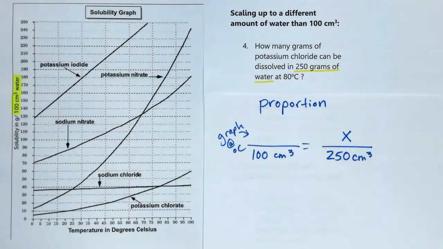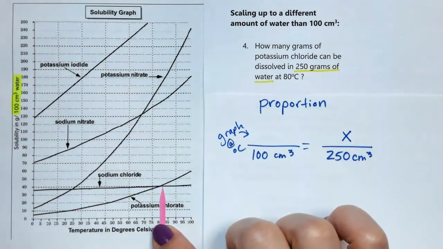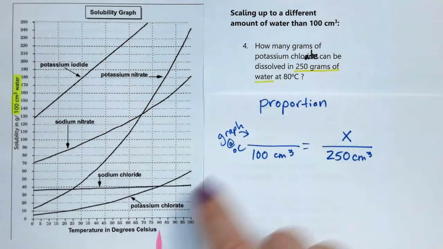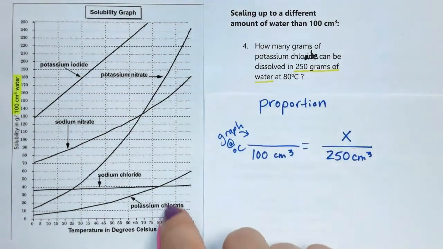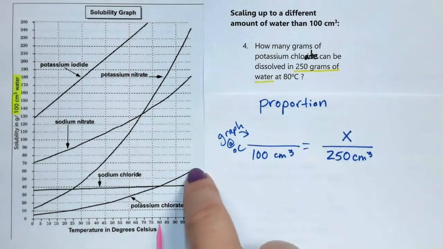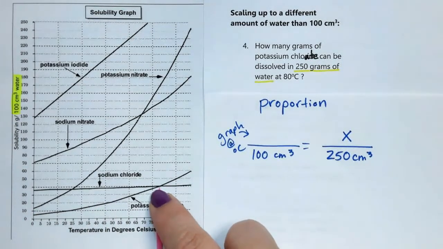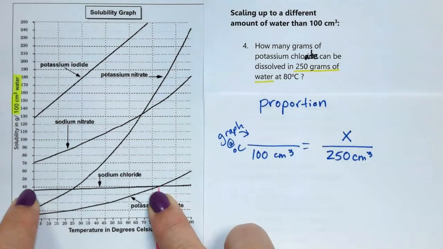So the question is for potassium chlorate at 80 degrees. We'll look at our 80 degrees, which is here, and we're going to go up to potassium chlorate, which is this curve right here. So at 80 degrees, when you go to the potassium chlorate curve, we land there, which is going to be 40 grams.